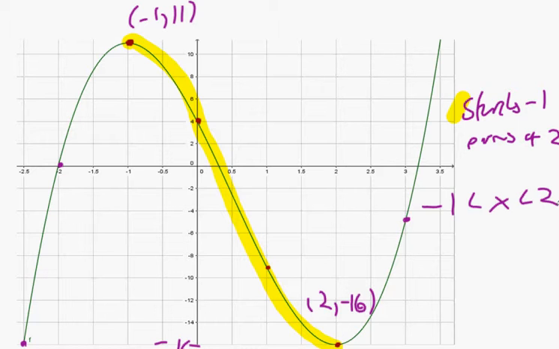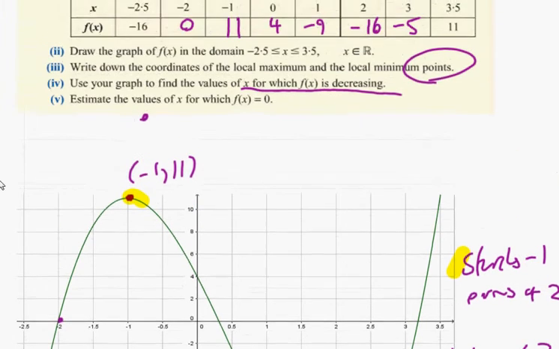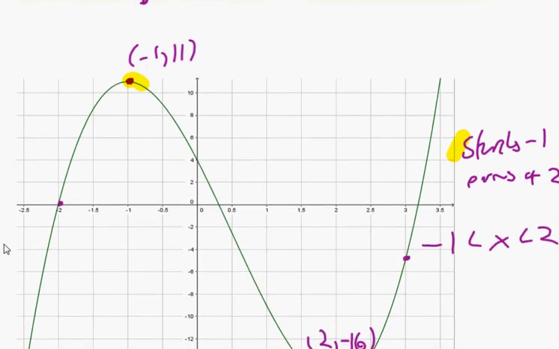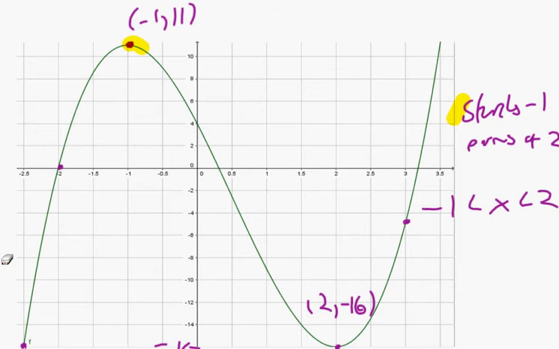Now, once we cleared that part up, what's the next question after that? F of x equals 0. Where's that, guys? So what's equal to 0? The y value is equal to 0. So this point here, and this point here. So what values would you give them?